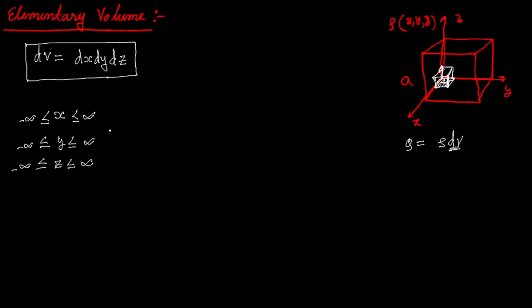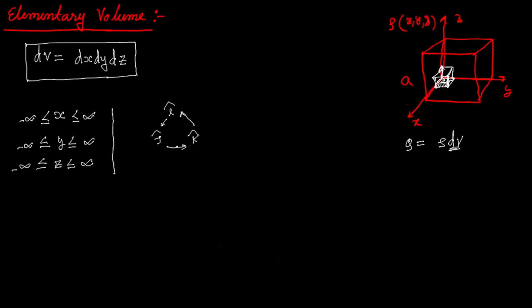And also we have defined i cap, j cap, k cap. They are the unit vectors along the x-axis, y-axis and z-axis, and they have some properties. If we take the cross product of i cap with j cap, that will give you k cap. The cross product of j cap with k cap will give you i cap. And the cross product of k cap with i cap will give you j cap.